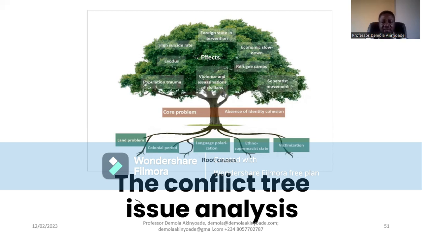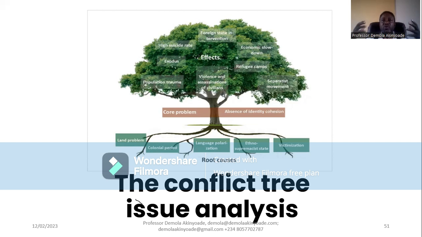In the case of the tree I'm presenting to you in the slide, we see that the roots are land problem, colonial period, language polarization, ethno-supremacist state, and then victimization. People are feeling victimized. So what is the core problem?